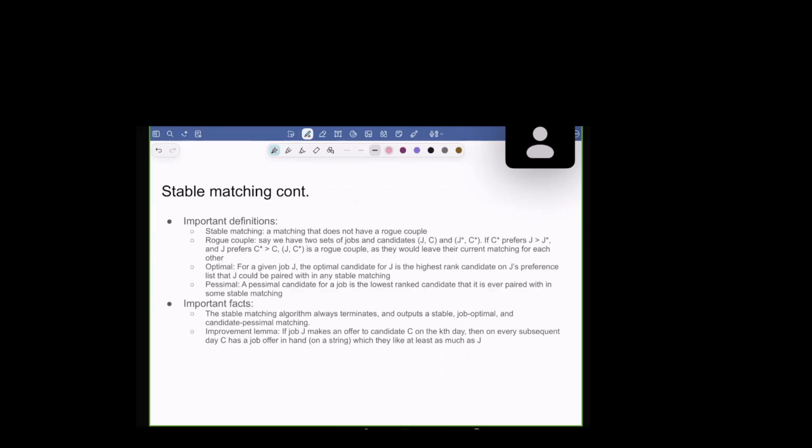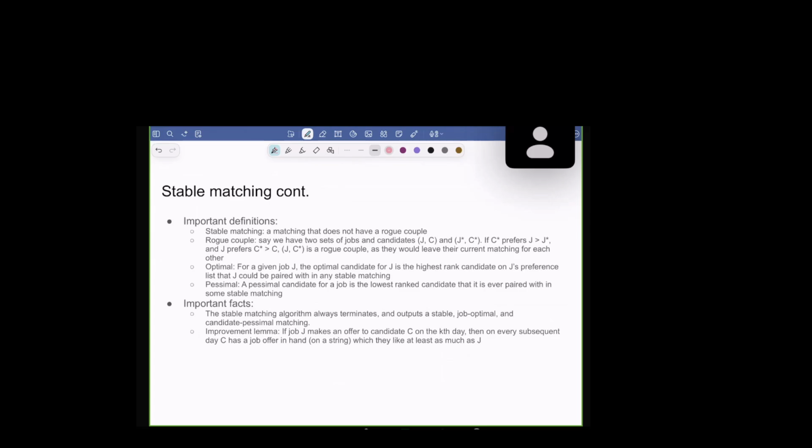Under the stable matching algorithm, there's no way to get that rogue couple because from the start, they would be paired with each other first. And so when a job is the one proposing, it would be optimal for the job because they can go down their list of candidates in order of their favorite to their least favorite.